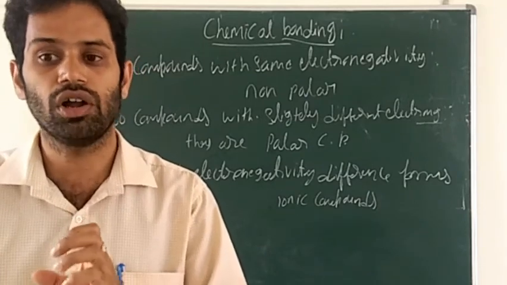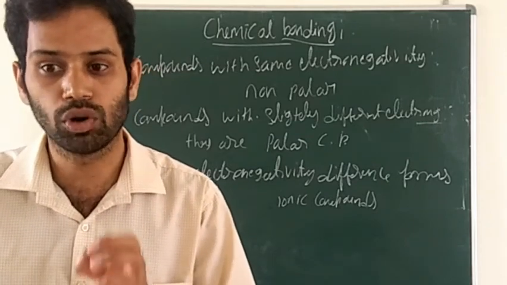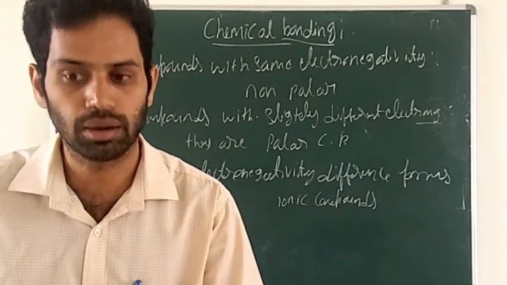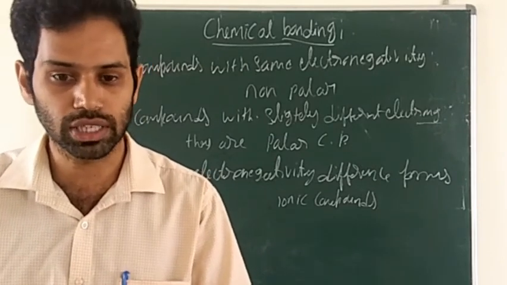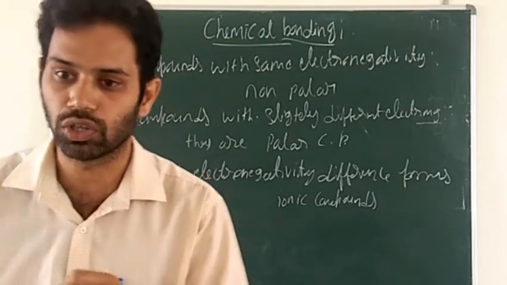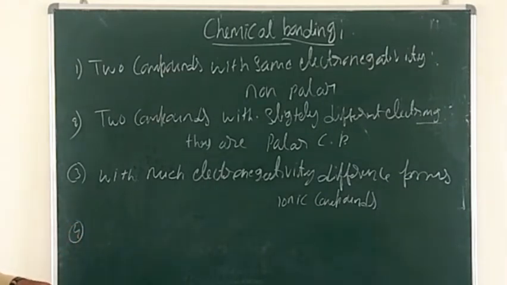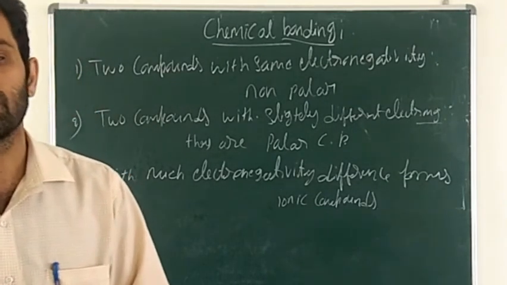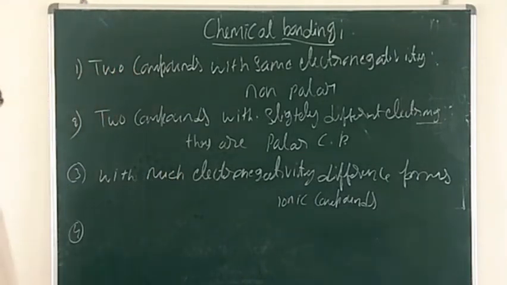So that's why they are called dipole molecules. If they ask a 1 mark question, what does dipole molecule mean? Since polar compounds have both positive charge and negative charge, they are called dipole molecules.